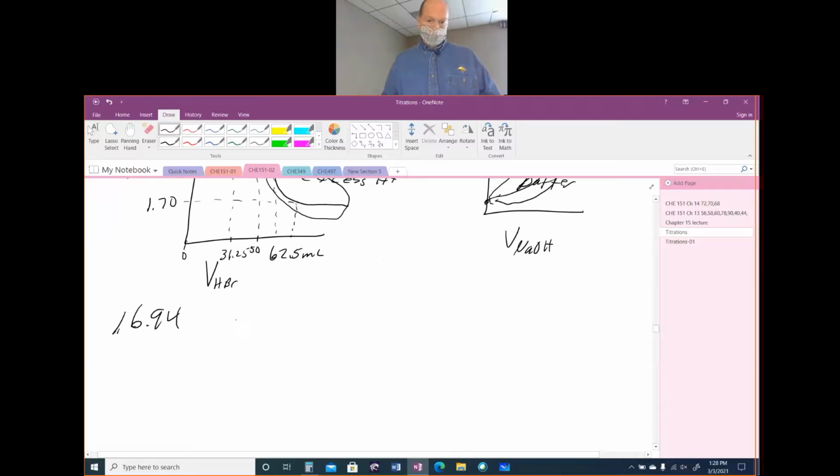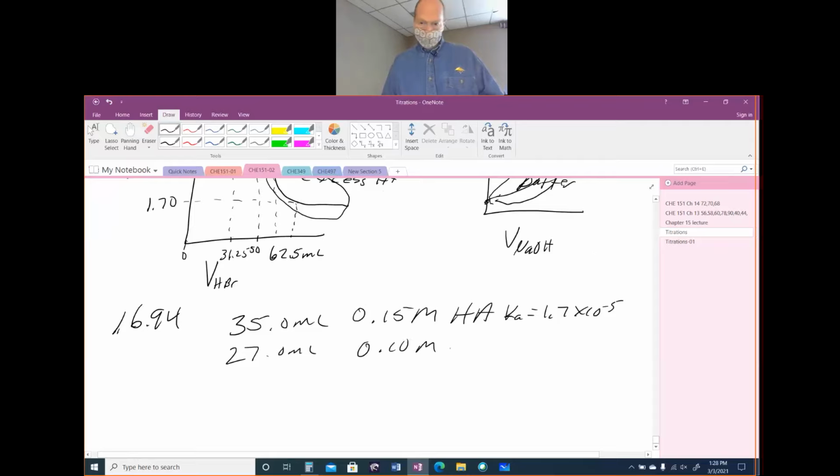You have 35 mL of 0.15 molar acetic acid, which has a Ka, you look it up, 1.7 times 10 to the minus 5, and you have 27 mL of 0.1 molar acetate, A minus.